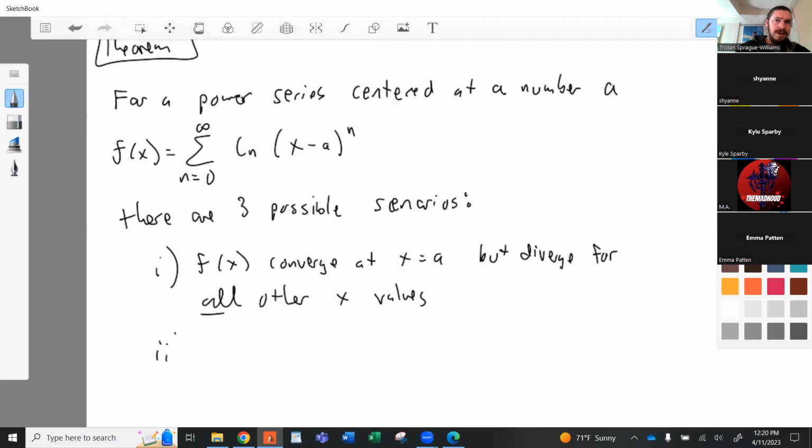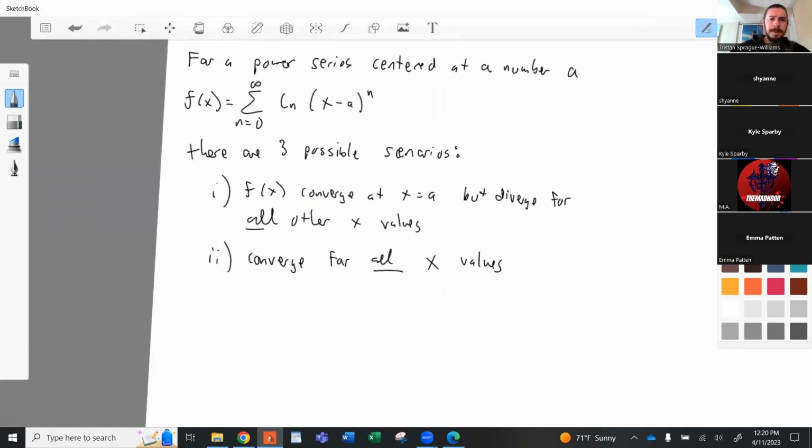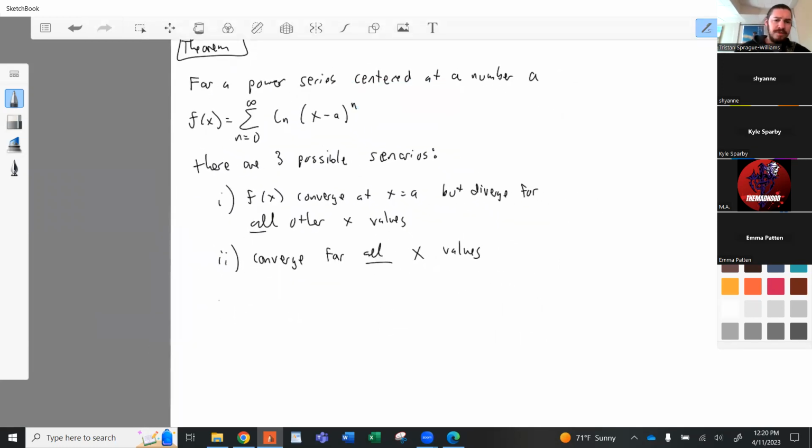The second is it could converge everywhere, just all x values. And the third, the only other possible situation besides converging at one place or converging at all places, is this.